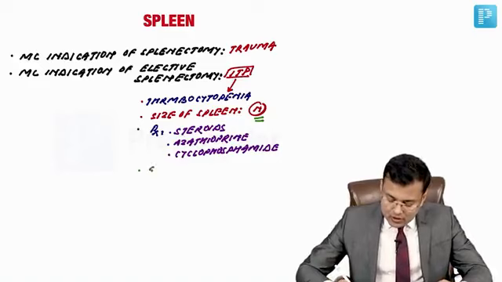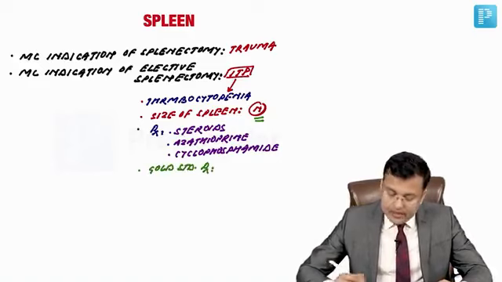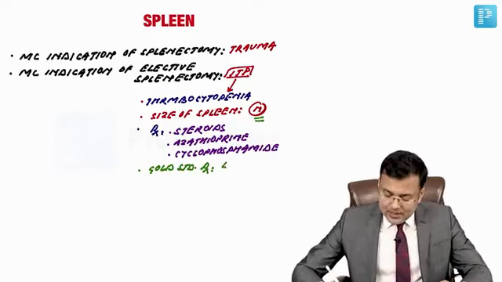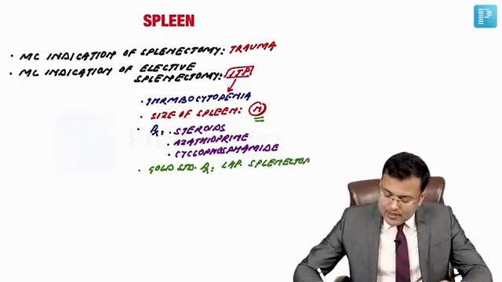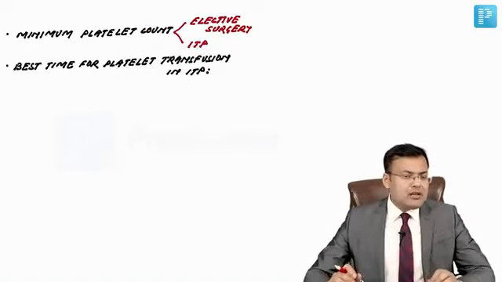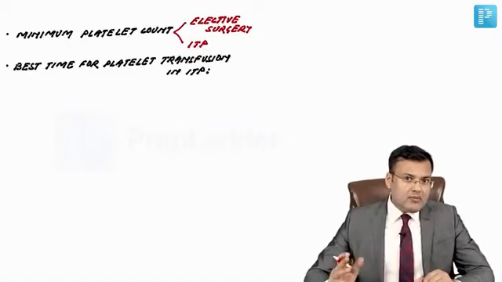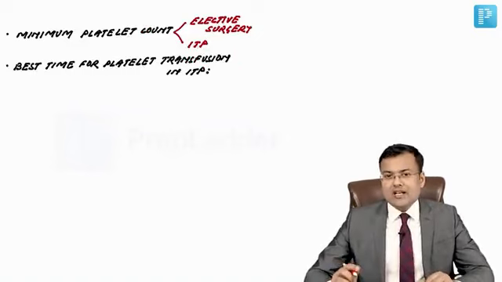So what is the gold standard treatment for ITP? The gold standard treatment for ITP is laparoscopic splenectomy. Now see the important one-liner questions which are frequently asked. What should be the minimum platelet count for elective surgery?